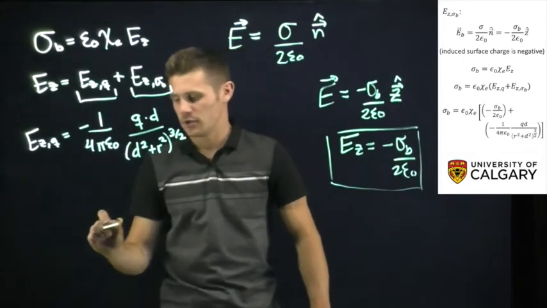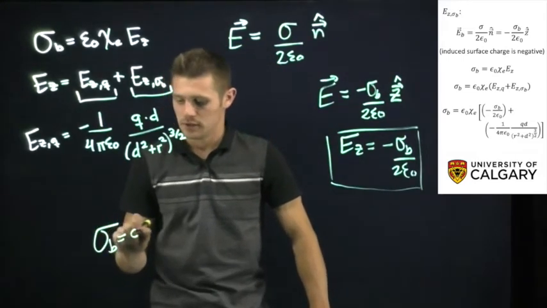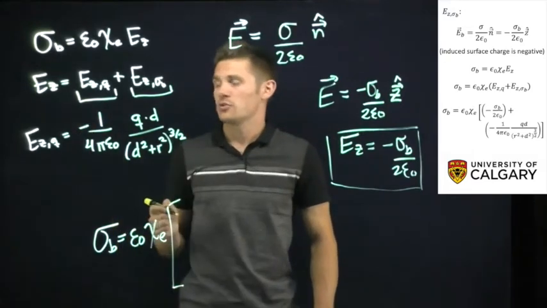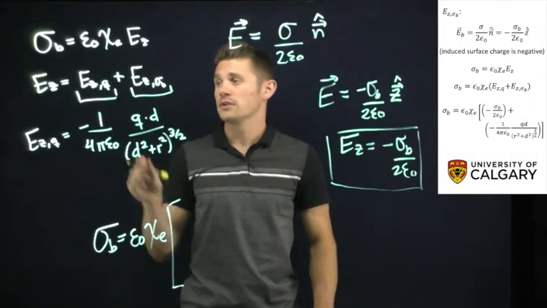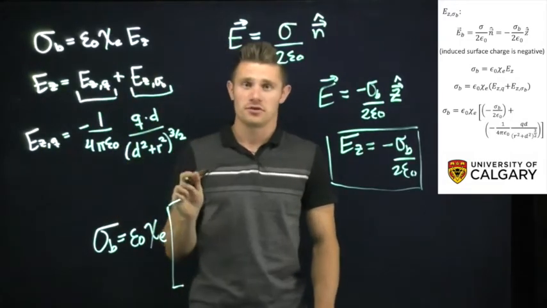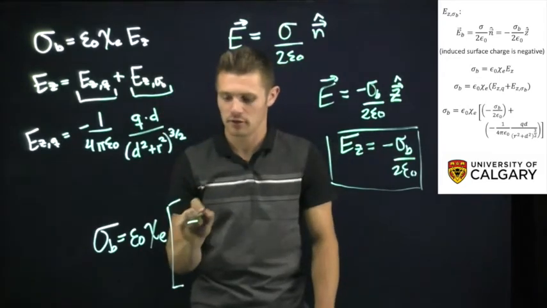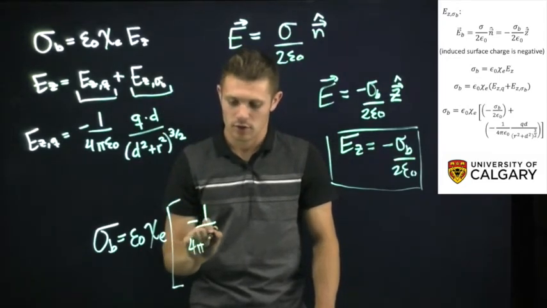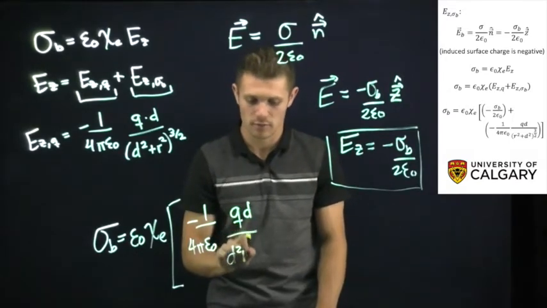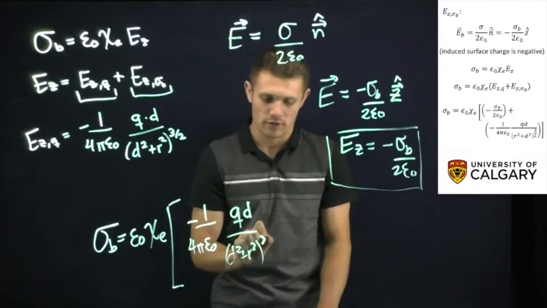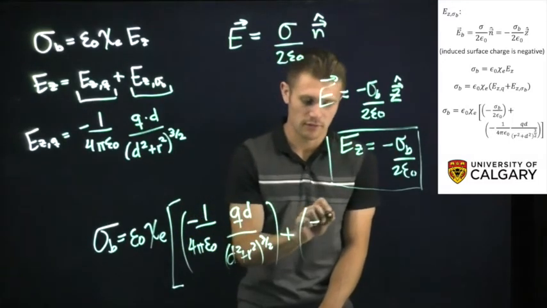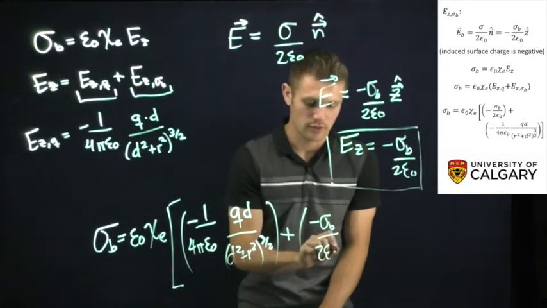So if we go back to our initial equation, sigma b is equal to epsilon naught times chi sub e, and our entire contribution to the electric field in the z component will be this charge component q and our induced surface charge component sigma b, so we can add them together and end up with minus 1 over 4 pi epsilon naught q times d over d squared plus r squared to the 3/2, plus this negative sigma b over 2 epsilon naught.